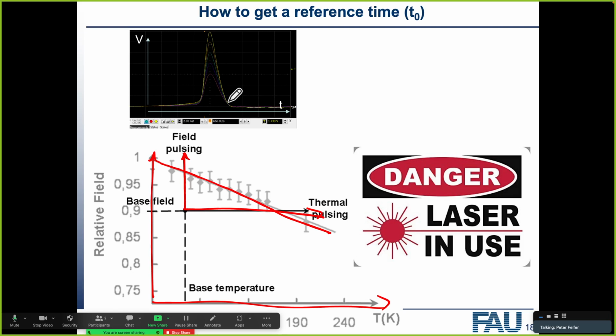And you can see this here is about 1.5 nanoseconds, and the laser pulse would be roughly somewhere between, let's say, 400 femtoseconds to maybe 10 picoseconds, depending on what laser we use.